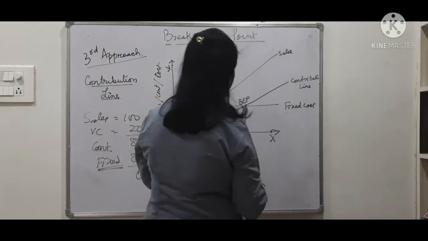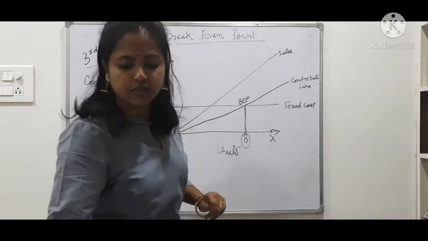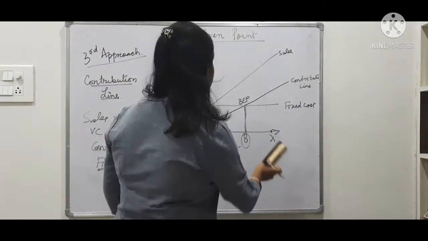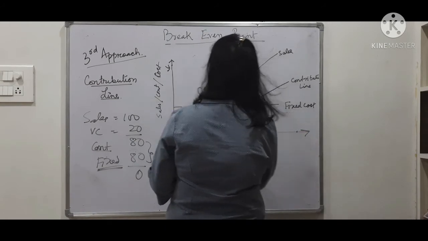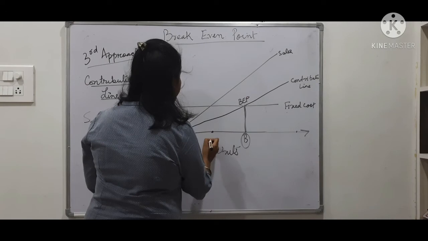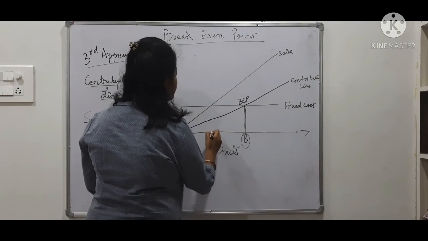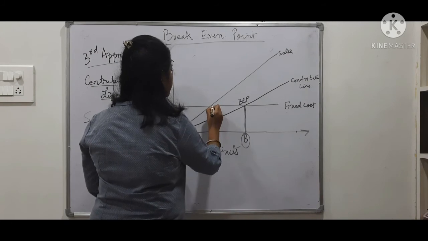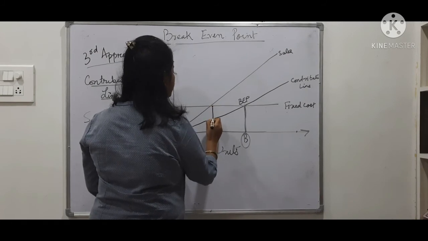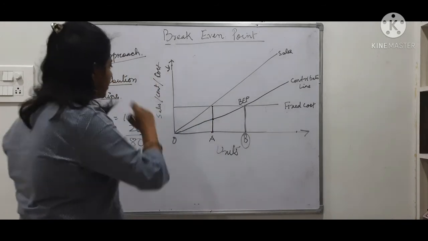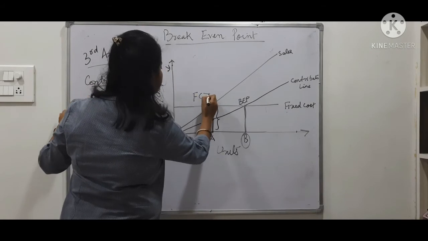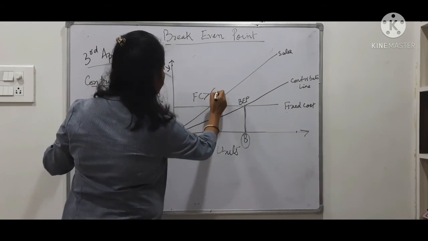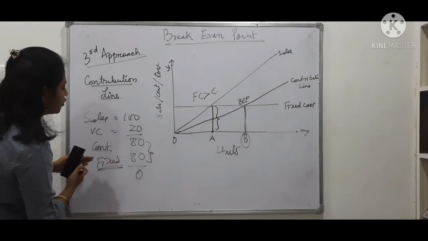Now one more thing I want to tell you. Let's try to have some deeper analysis of this. Let's compare here. If you are at a point A, let's touch the fixed cost. Your fixed cost is here and your contribution is here. Which one is greater? Your fixed cost is greater than your contribution.